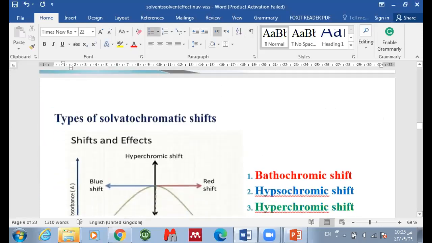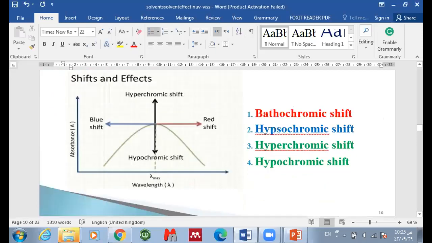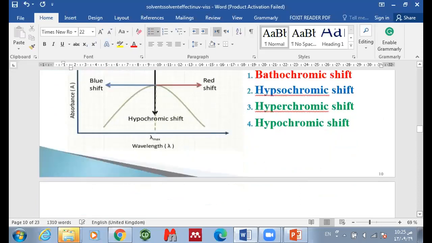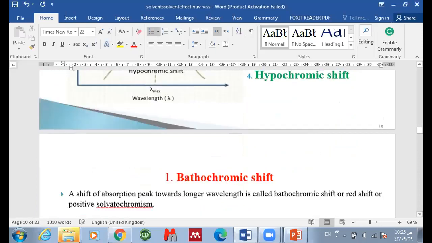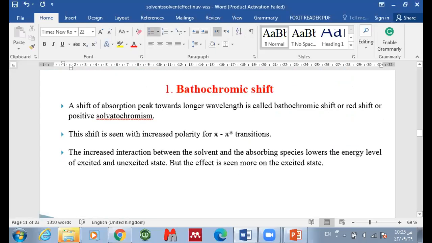We discussed this before. So a bathochromic shift is a shift of the absorption peak towards longer wavelength, and it's called bathochromic shift or red shift or positive solvatochromism.